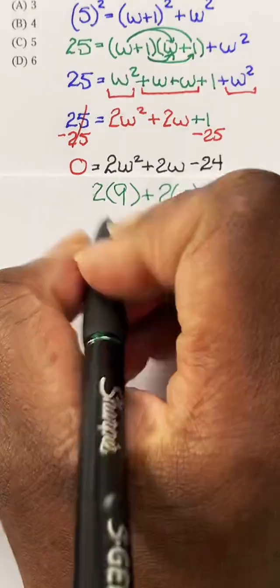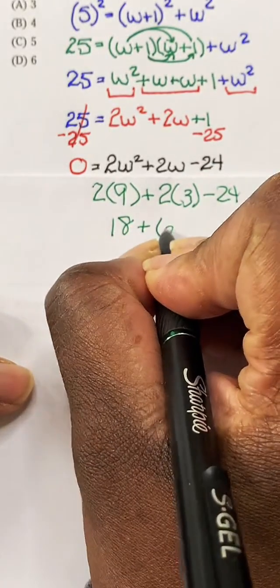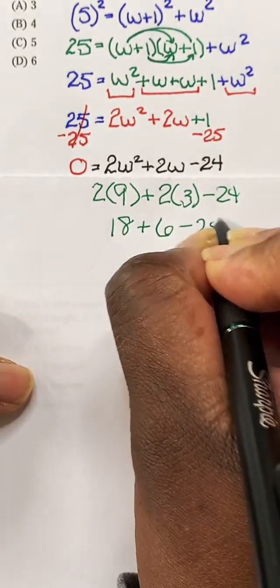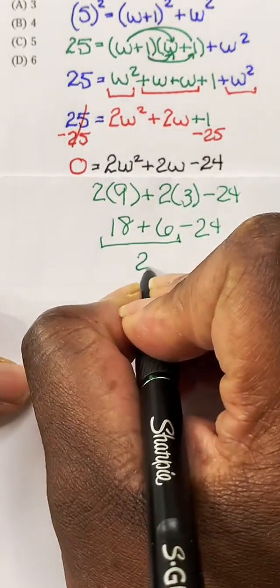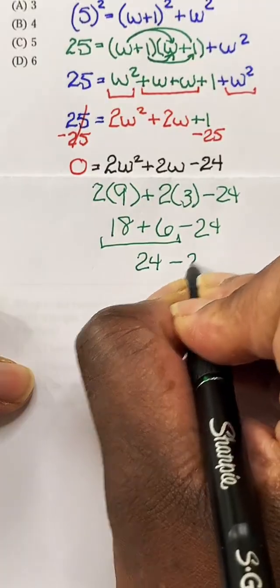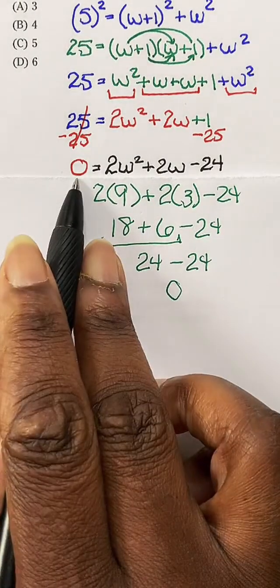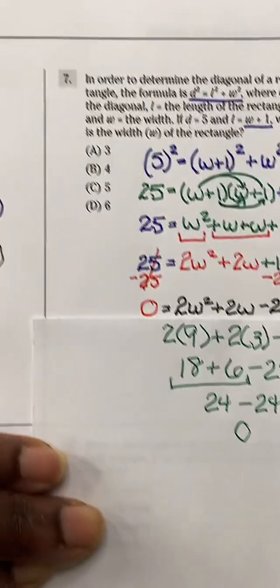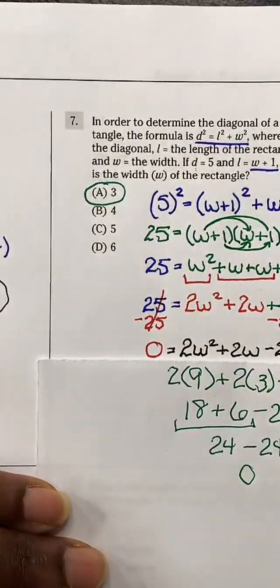Well, 2 times 9 gives me 18. 2 times 3 gives me 6. Minus 24. 18 plus 6, that gives me 24. 24 minus 24, that gives me 0. And that's what we're looking for. So you have your answer of A.